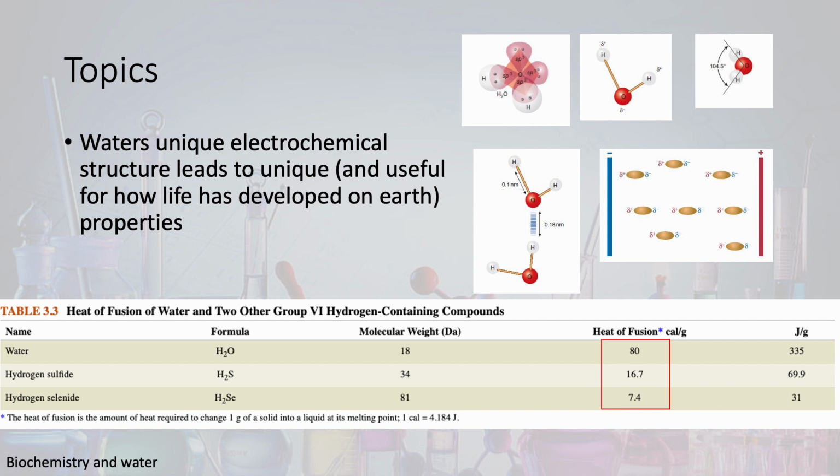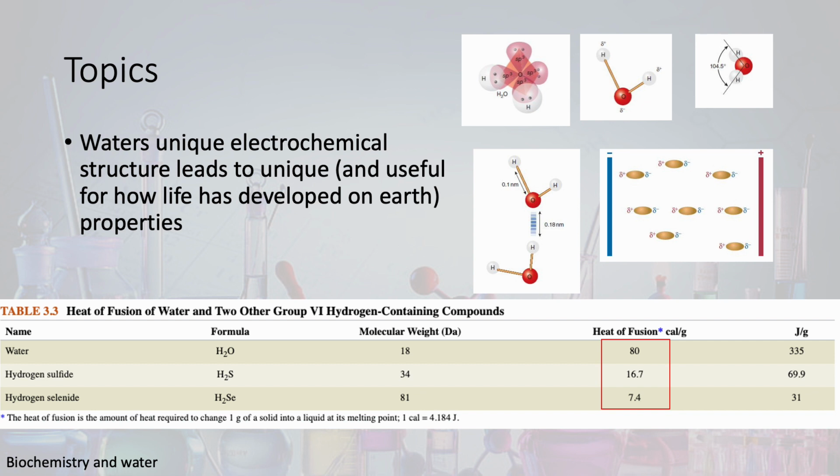And again, we just covered the basics about hydrogen bonding between water molecules. And just to give you some data to back that up, down here we have heat of fusion values in calories per gram and joules per gram. So just to drive home the differences in hydrogen bonding versus other dipole moments between molecules and intermolecular forces: water has a very strong heat of fusion here at 80 calories per gram, 335 joules per gram, versus if we go down the periodic table, right, sulfide and selenide, which have much lower values.